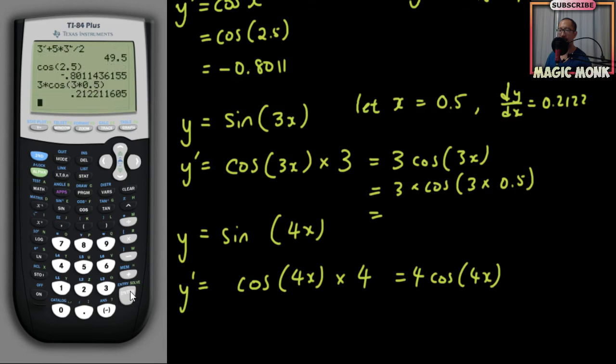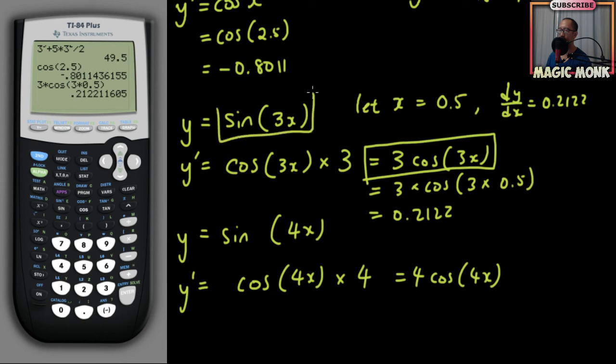And the answer is 0.2122, so it's the same. So we're right, this is the derivative of this function.